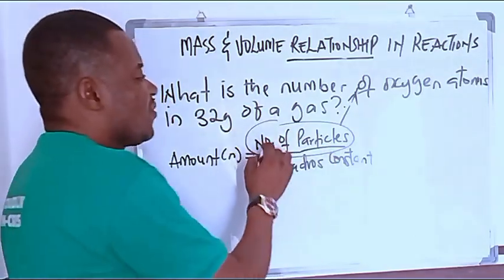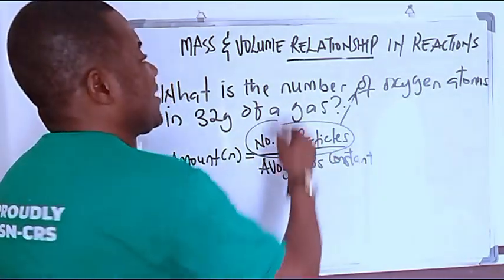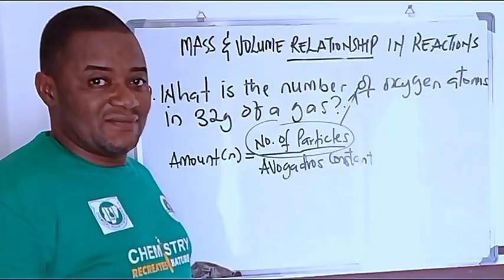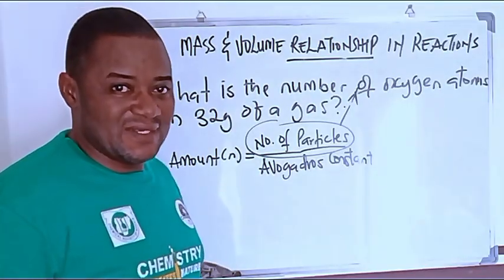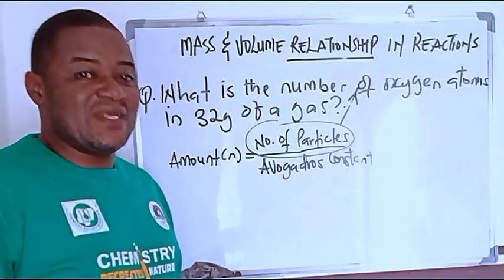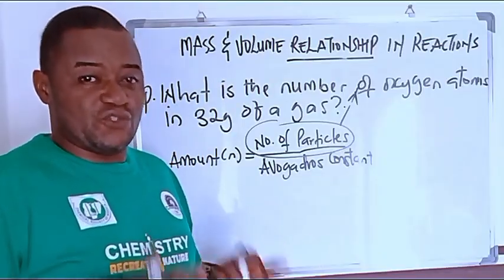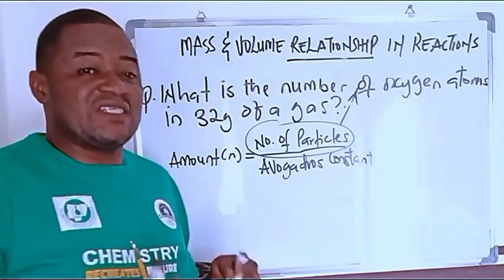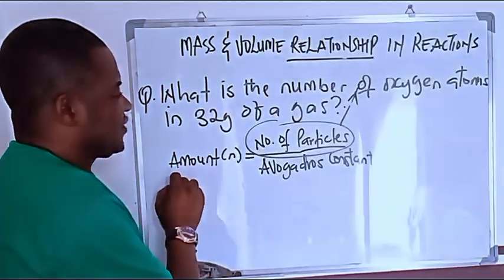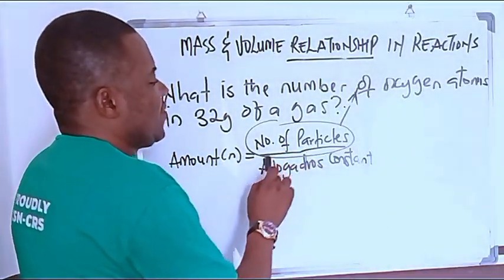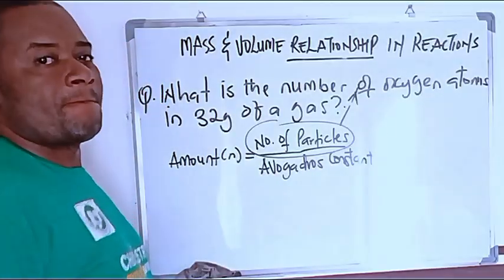Like I said, number of particles is something like you are saying number of atoms, number of oxygen atoms, number of oxygen particles. And the only equation that is simple enough to give you the opportunity to determine the number of atoms generally is amount equals number of particles over Avogadro's constant.